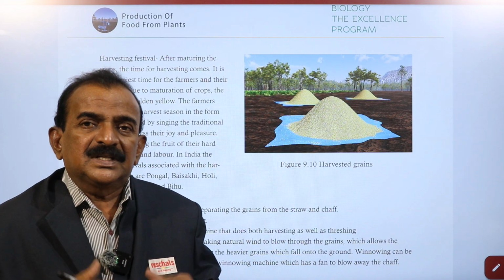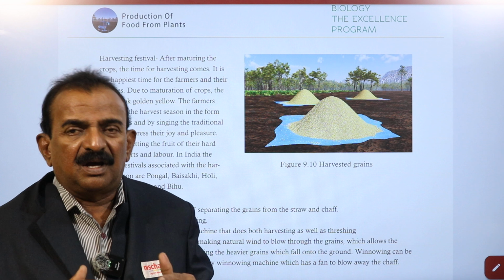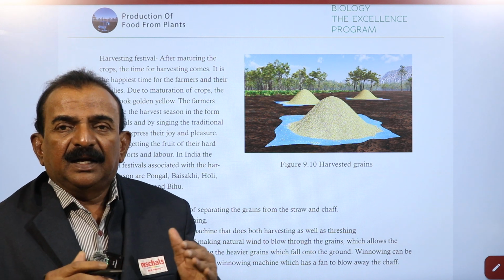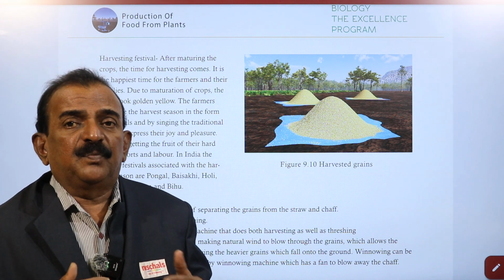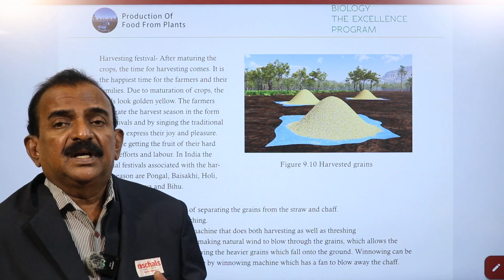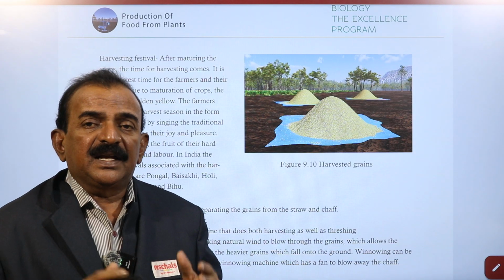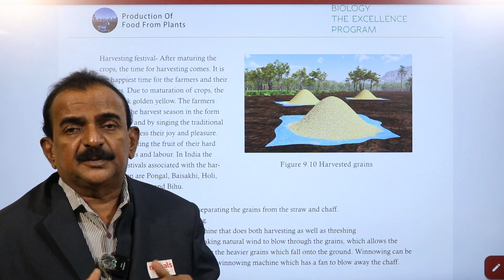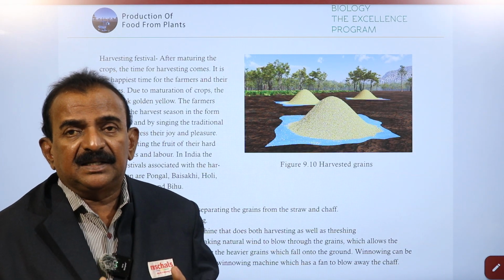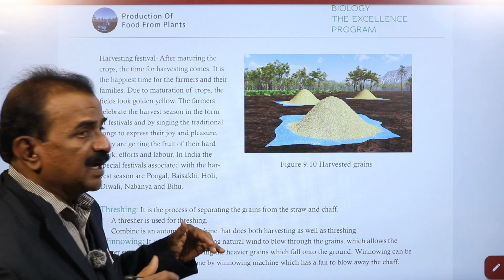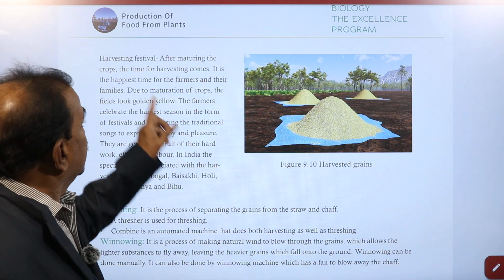They also sing traditional songs, and this is a fruitful situation for their hard work and labor. Finally they get more crop yield, especially paddy, and that is called harvesting of grains, paddy grains.